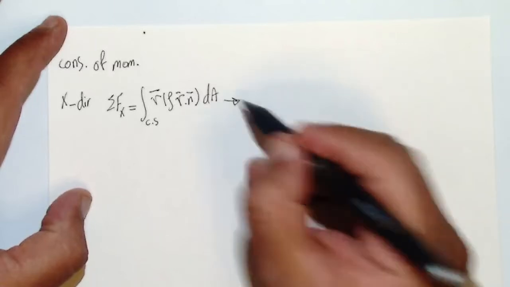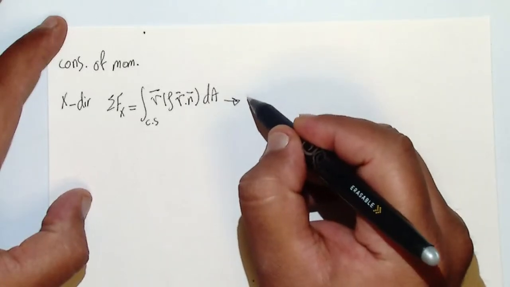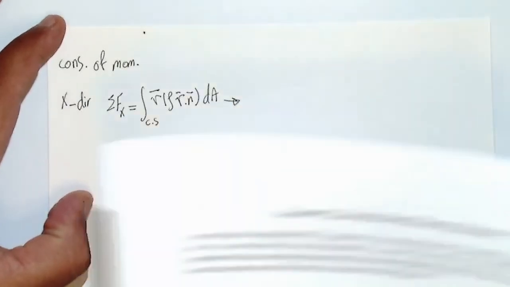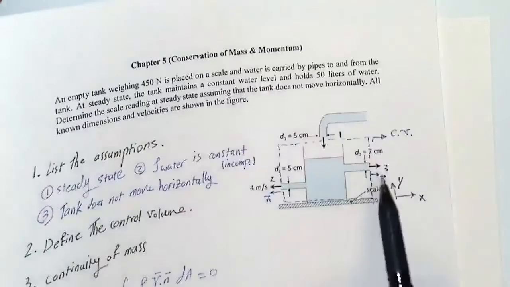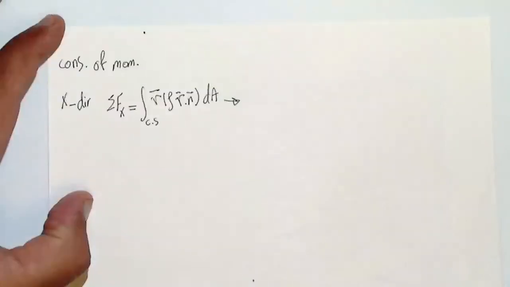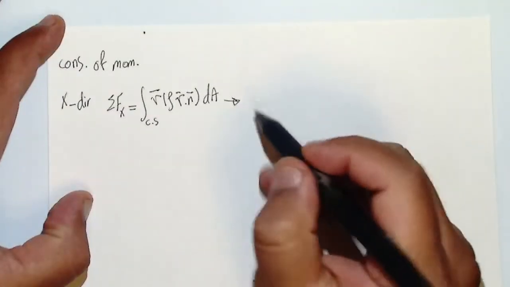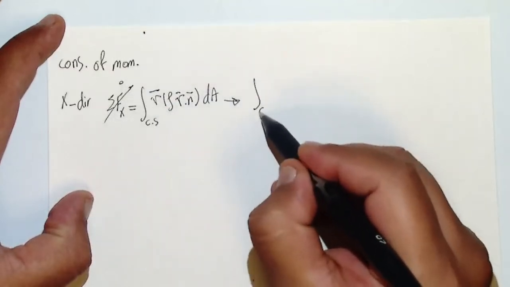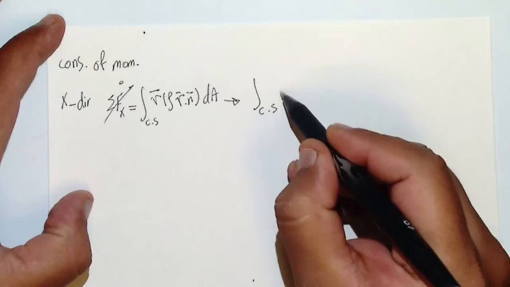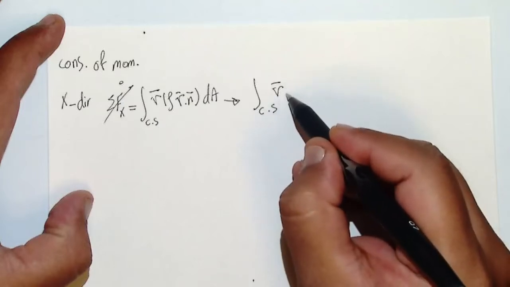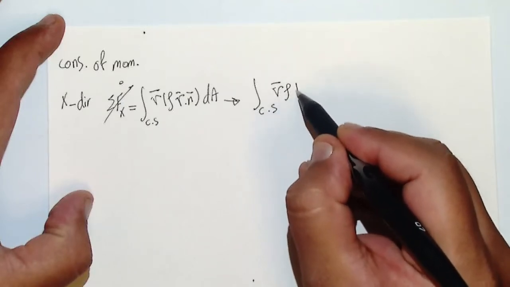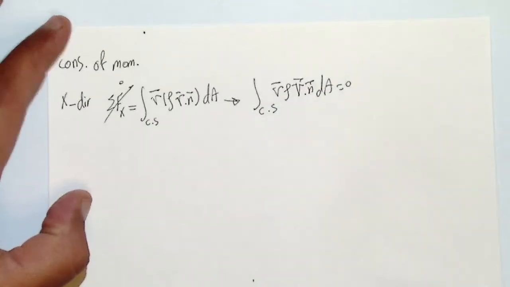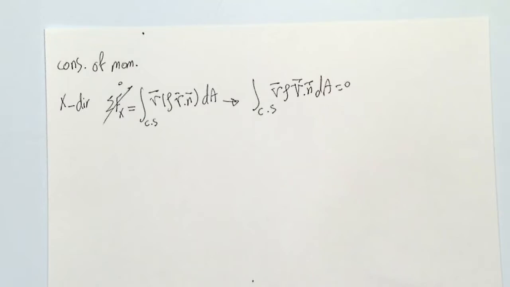Okay, so in the x direction, what would be sigma of Fx? Nothing is pushing in this direction, right? So it has to be 0. If that's 0, then the second term should also be 0. Okay? So till here we'll write it down.